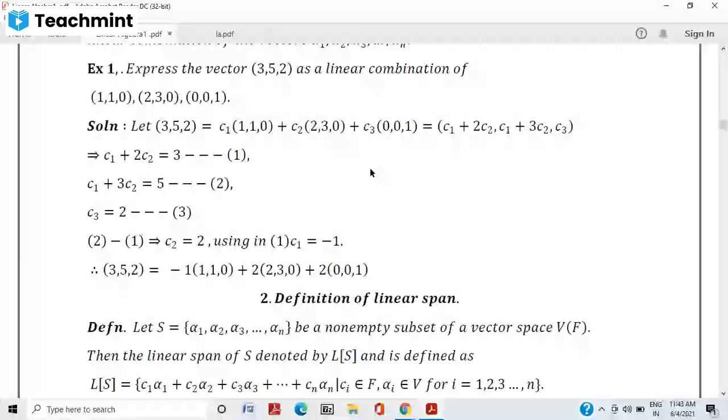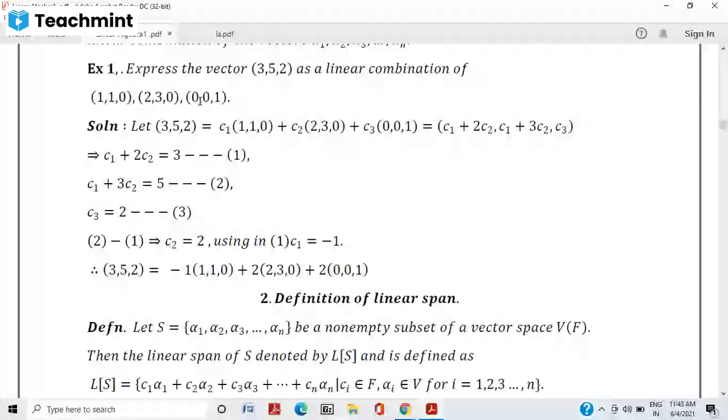We should simplify and find the values of C1, C2 and C3. If these scalars C1, C2, C3 exist, then we can say (3, 5, 2) can be written as a linear combination of these vectors. Have you understood this concept?